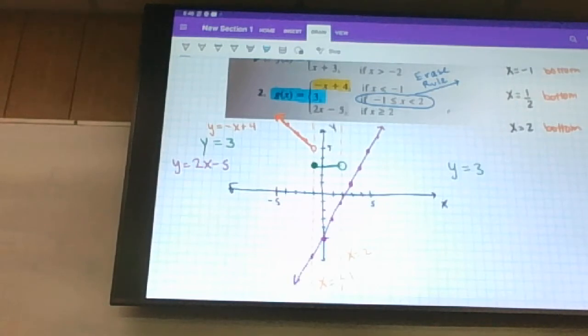Here's what the graph looks like. Then I look at my erase rule. It said x should be going greater than 2.